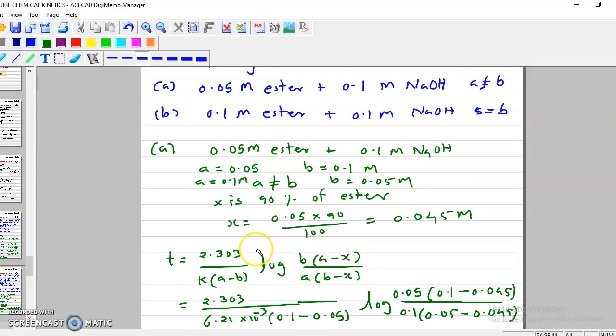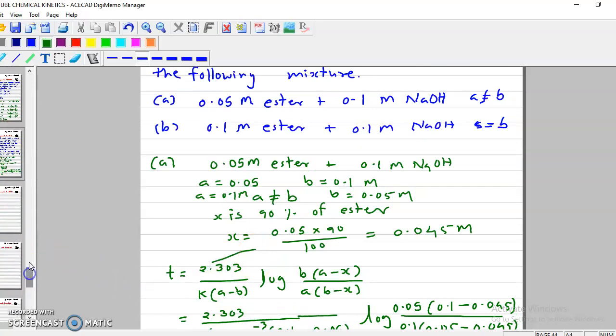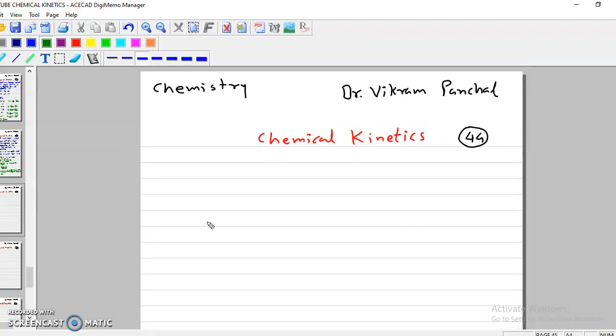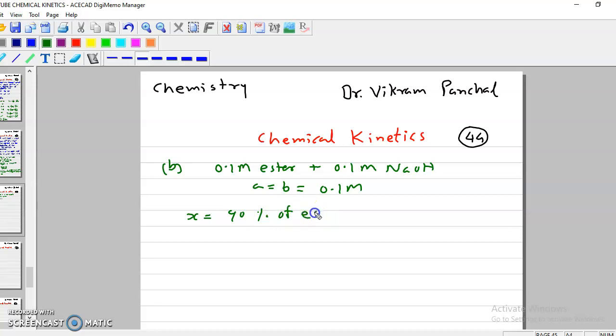Now we will take B. For B we write 0.1 molar ester and 0.1 molar NaOH. Here it is very simple because A is equal to B, which is equal to 0.1 molar. And x will be 90% of ester, so that is 0.1 into 90 upon 100, which is equal to 0.09.